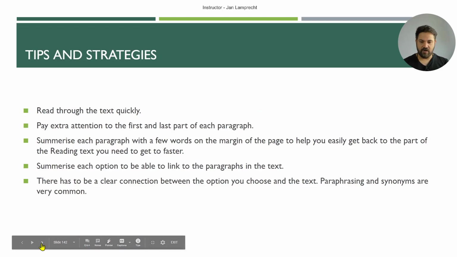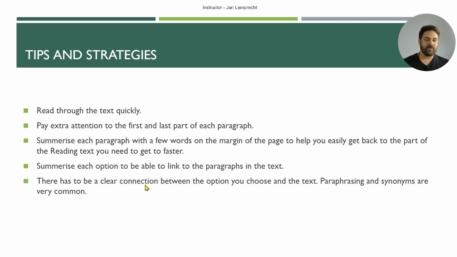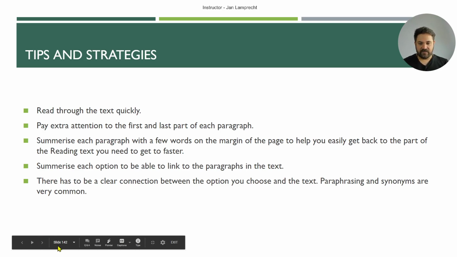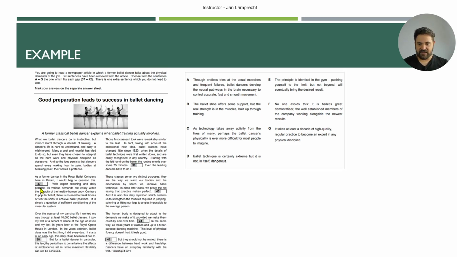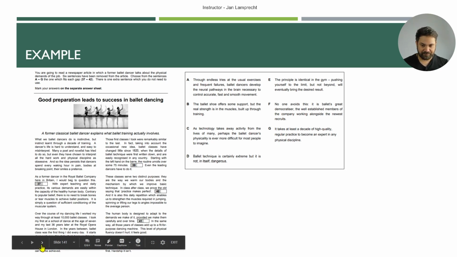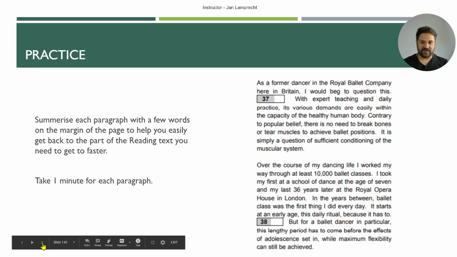Now, moving on. There has to be a clear connection between the options you choose in the text. Obviously, paraphrasing and synonyms are very common. Now, when you connect, for example, again, F to 37, there has to be a clear reason why you connect. There has to be something that connects them. If there is no connection, then you are not right. Let's look at the strategies.